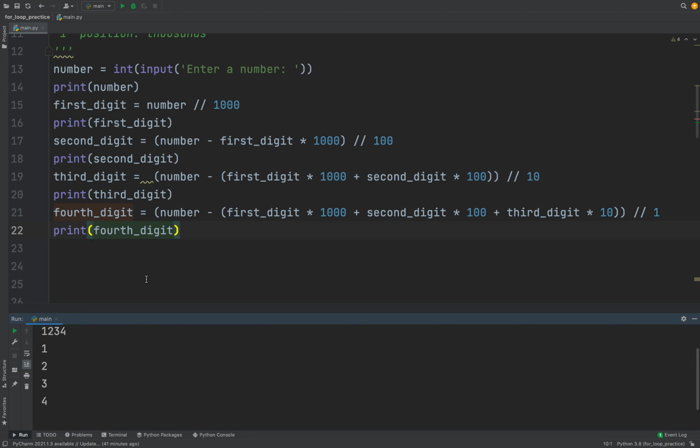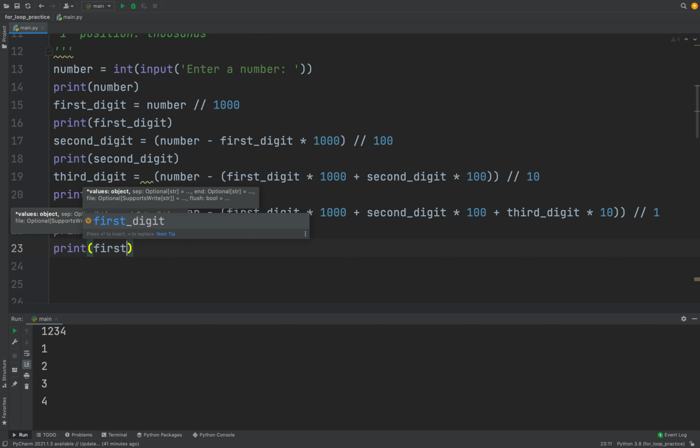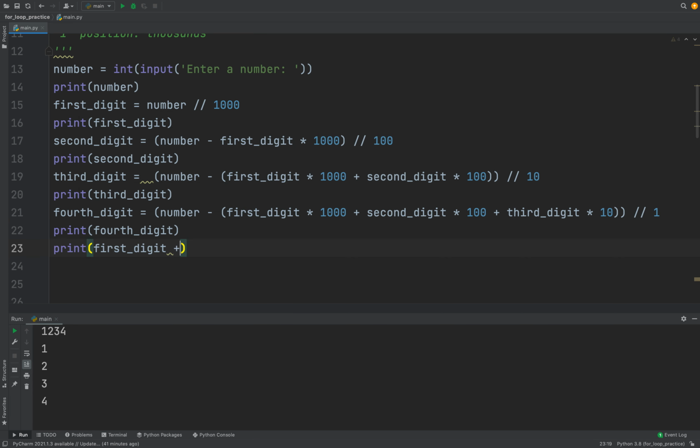1, 2, 3, 4. Now that you have all of them, let's add them up. So we're going to say print first digit plus second digit plus third digit plus fourth digit.